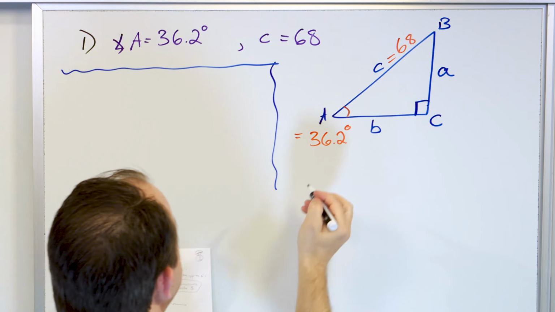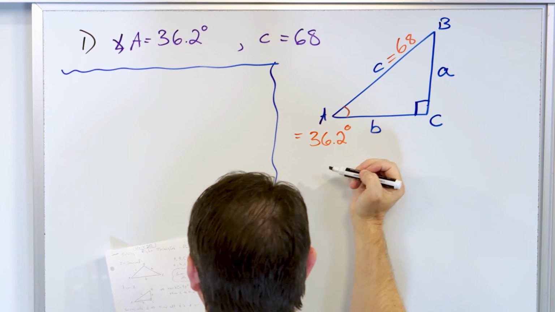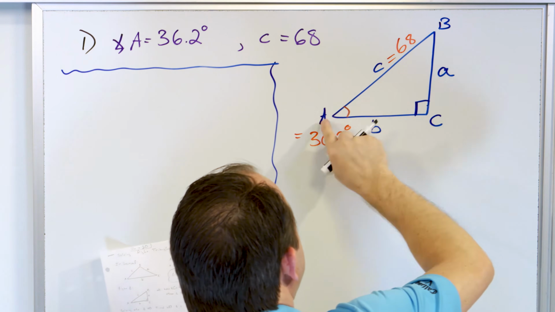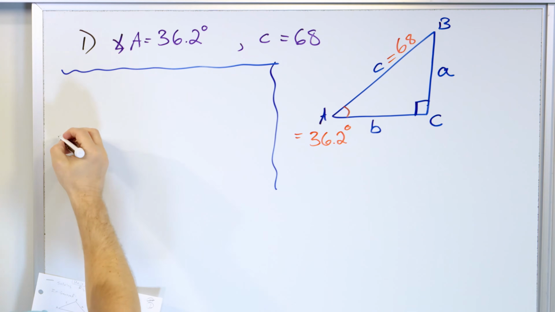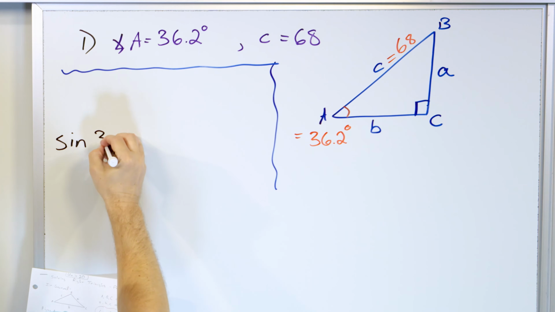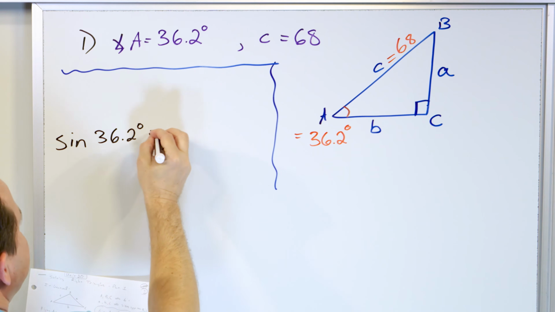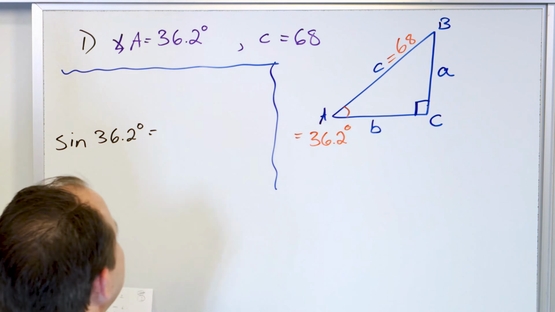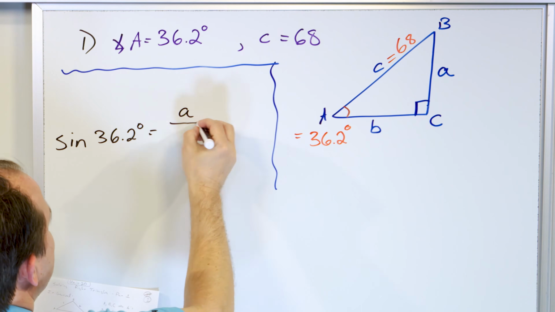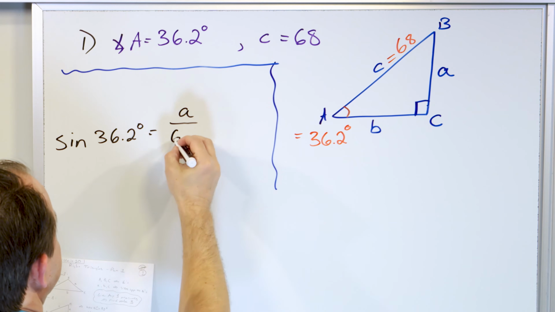So we know that this is a known angle, 36.2 degrees, and we know the length of the hypotenuse. And we can then find the opposite side. How? Because the sine of 36.2 degrees has got to be equal to the opposite side divided by the hypotenuse. Opposite over hypotenuse, that's what the sine is. So A over C, but I know that C is 68.